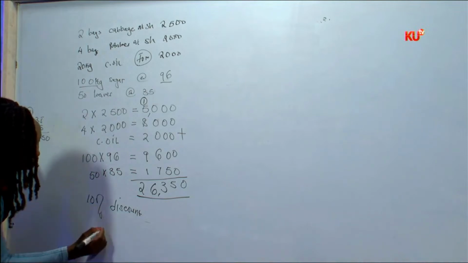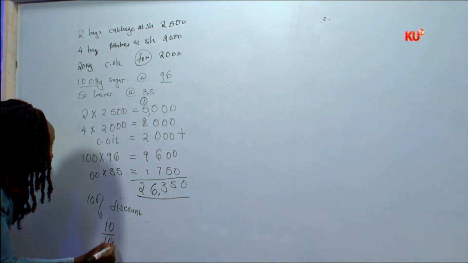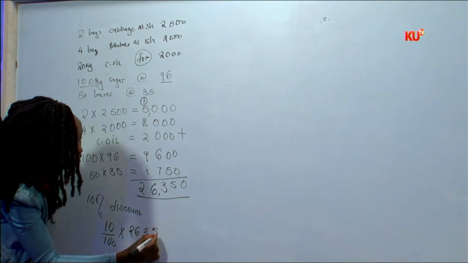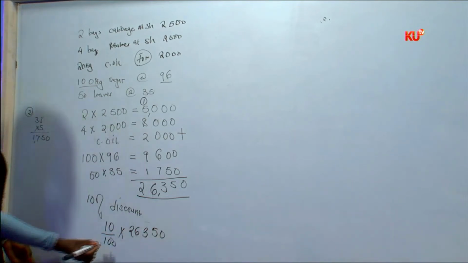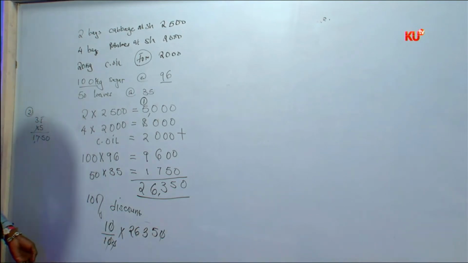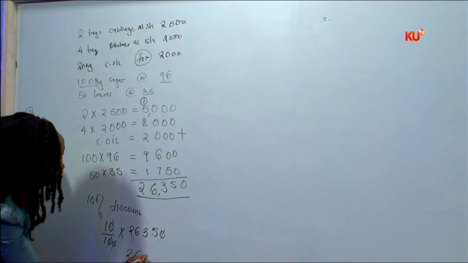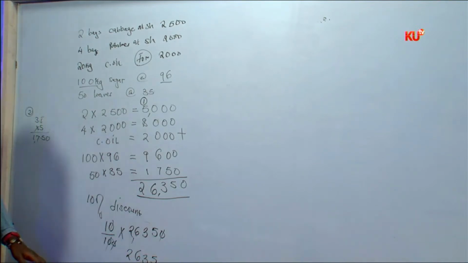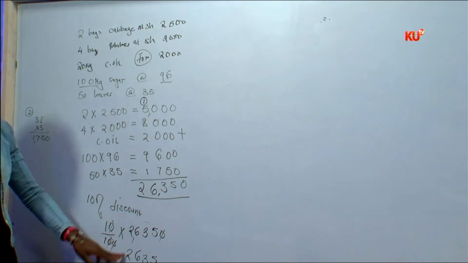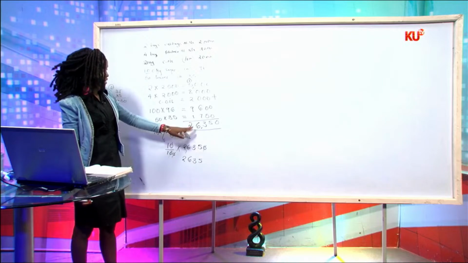The discount was 10%, so it is 10 over 100 times 26,350. So meaning he was given a discount of 2,635 shillings.